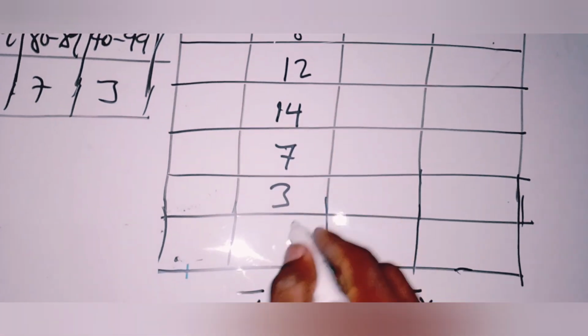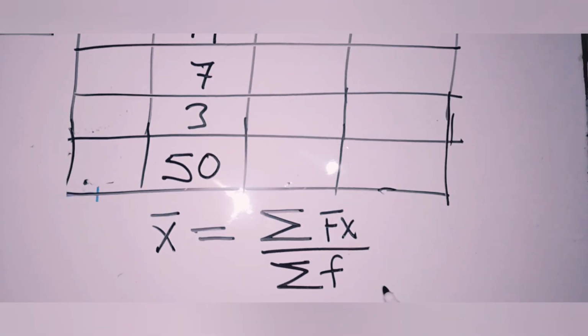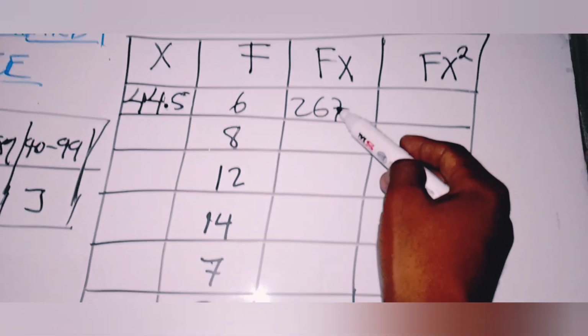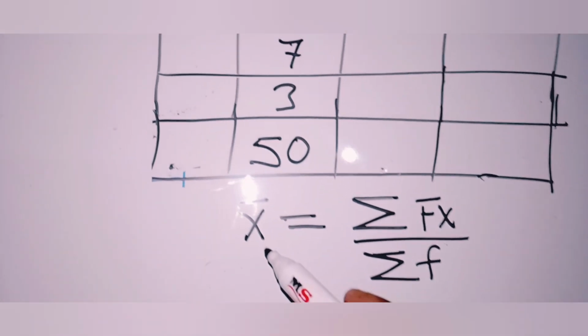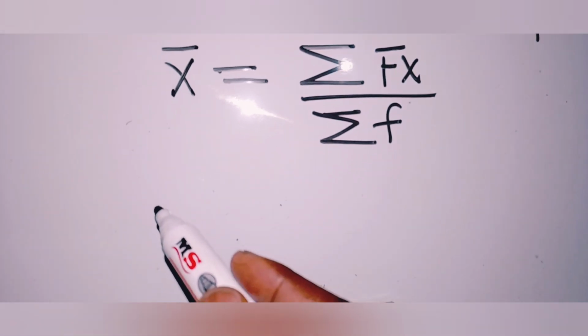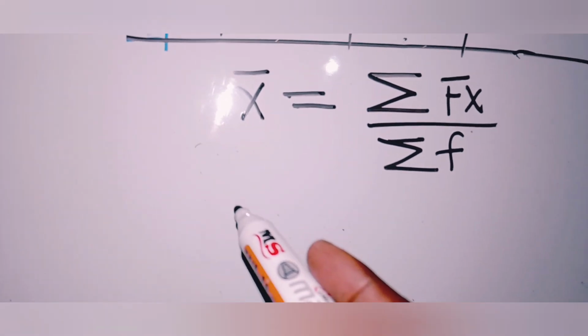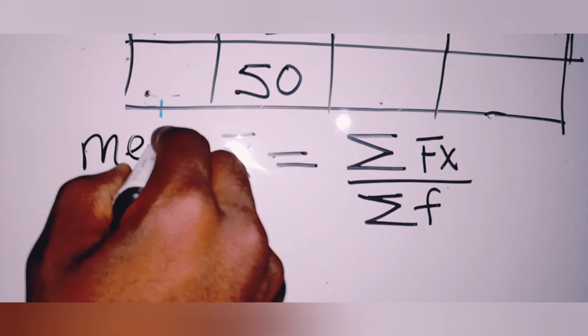The sum of the frequencies, we already know it is 50, so it is over 50. Whatever we add from here, over 50, will be the mean. Okay, so this is how we find the mean.